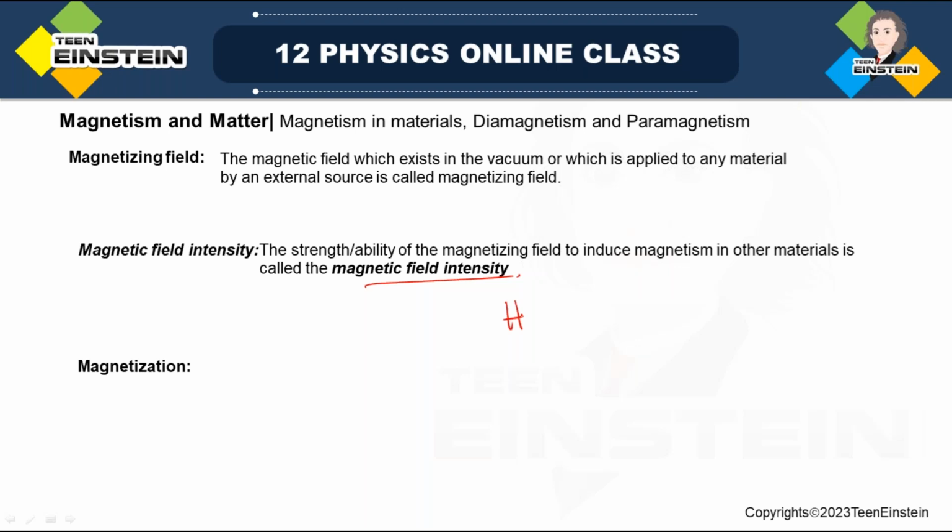This could be written as H is equal to N into I, for a solenoid.